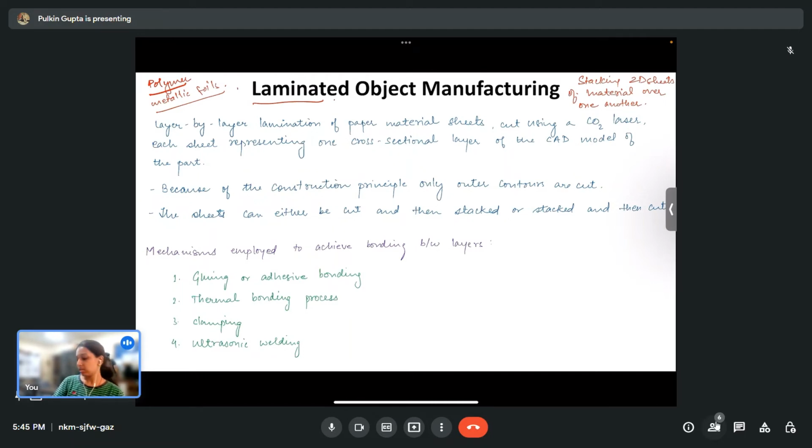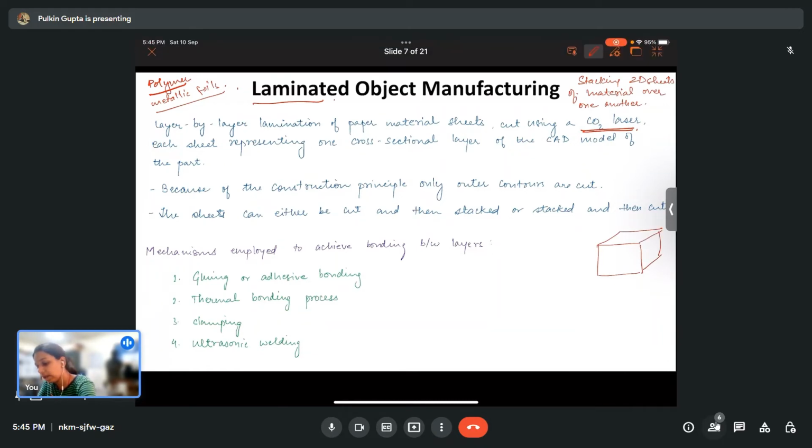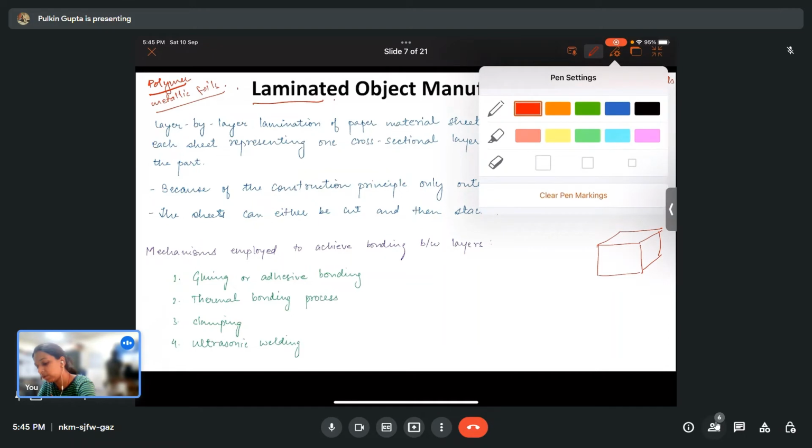So it is a layer by layer lamination of paper material sheets cut using a CO2 laser, where each sheet represents one cross-sectional layer of the CAD model of the part. As I have been giving the example from the beginning, suppose this is your cube, and you discretize it into multiple layers.